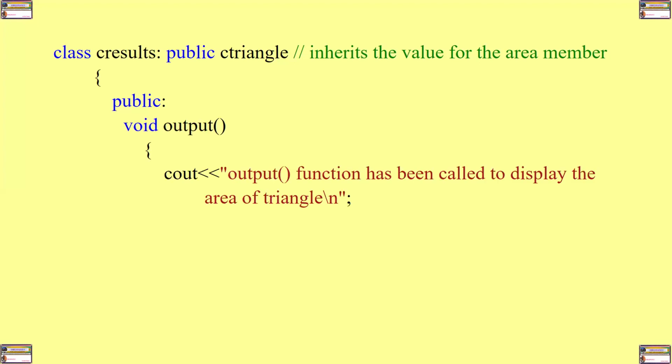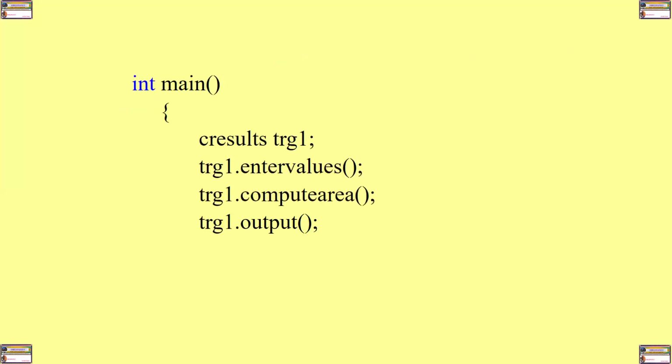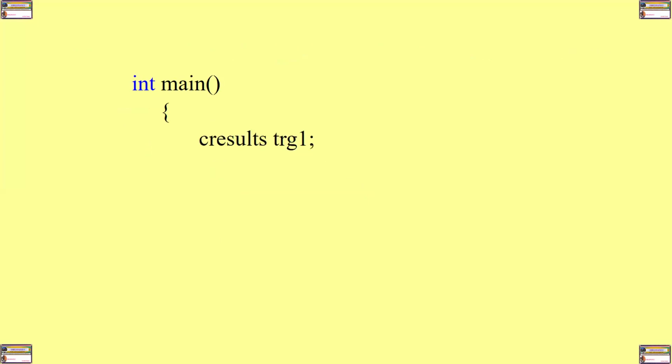Now let me do a small correction to my explanation. This TRG1 is for the class called C results. So this is the object for the second derived class.